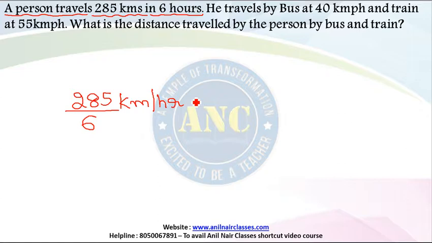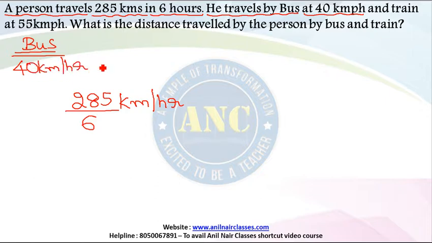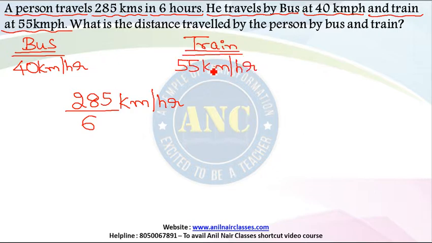Next, he travels by bus at 40 kilometers per hour, and by train at 55 kilometers per hour. Bus 40 kilometers per hour, train 55 kilometers per hour.